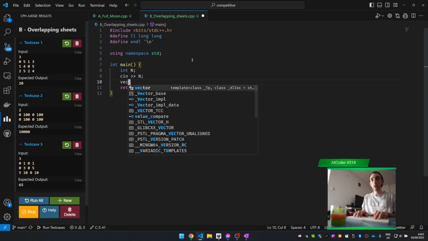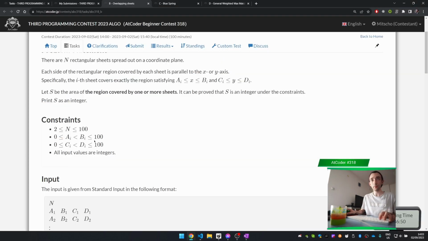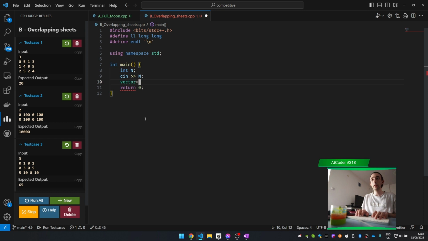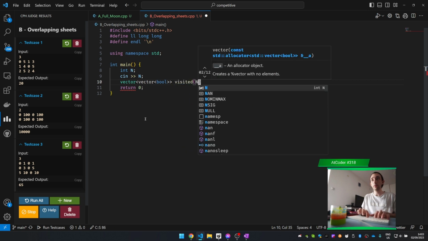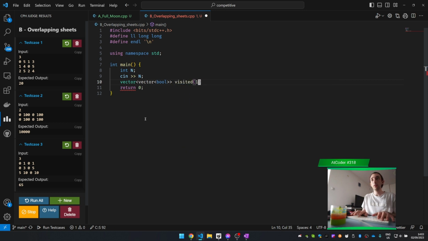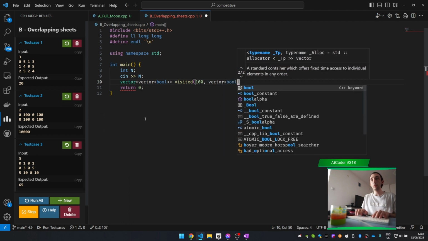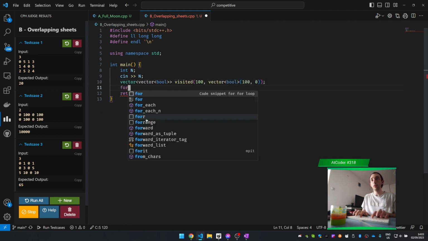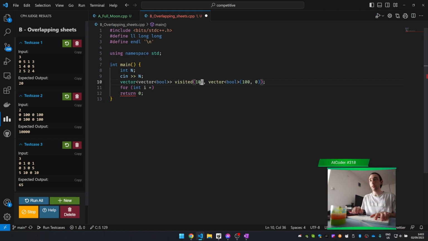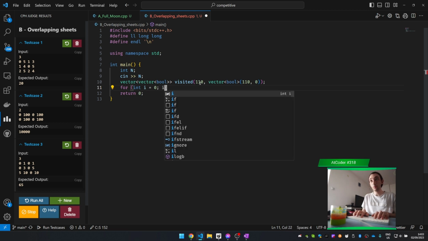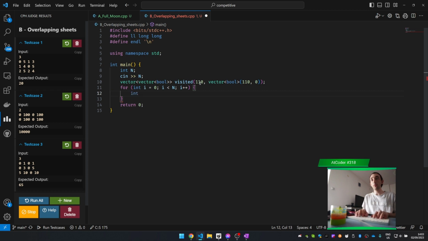What you can do is just make a matrix of 100 by 100 that is like visited, or something. I don't know how I call that. 100 by 100, or 110 just for the bounds. So yeah, you can see that I haven't coded in a while.